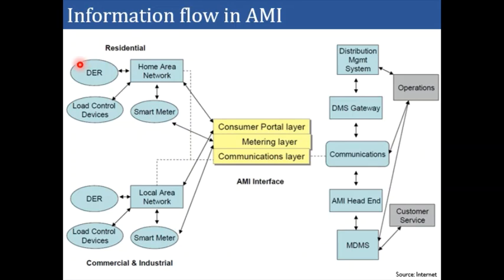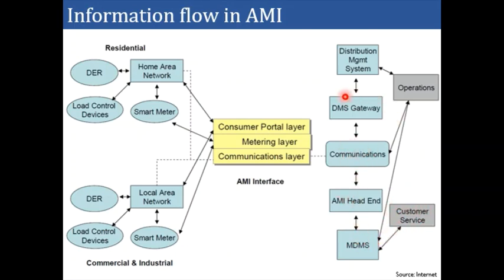So you get data either through residential, commercial or industrial establishments through various AMI interfaces, and then this is shared with various applications. Through communication, it first interacts with the AMI head-end system, which shares data with the MDM, and then we run various customer services.